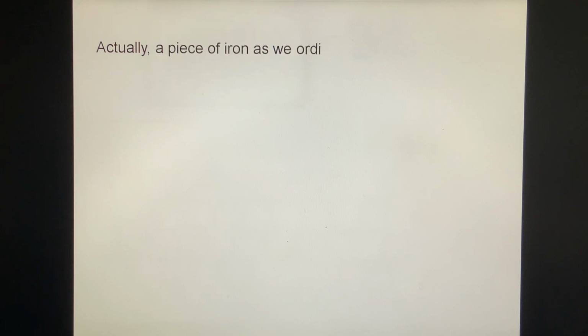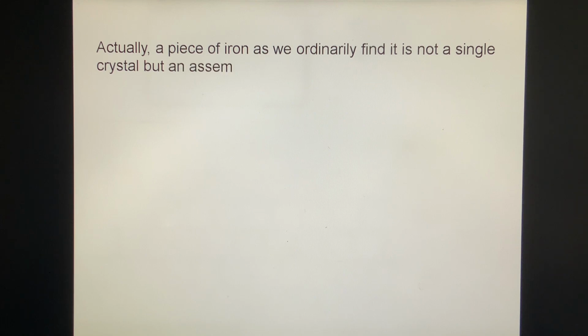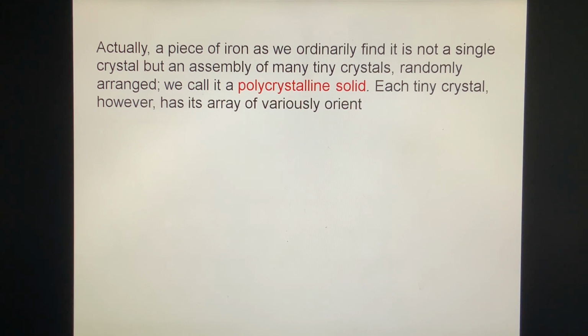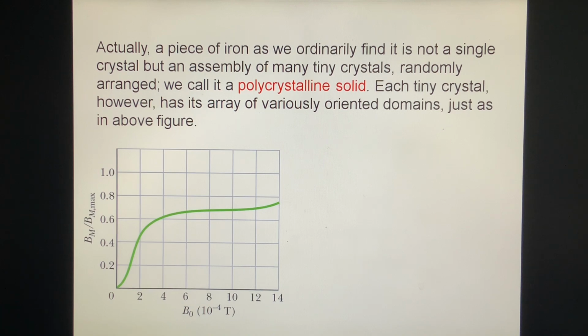Actually, a piece of iron, as we ordinarily find it, is not a single crystal, but an assembly of many tiny crystals, randomly arranged. We call it a polycrystalline solid. Each tiny crystal, however, has its array of variously oriented domains, just as above.